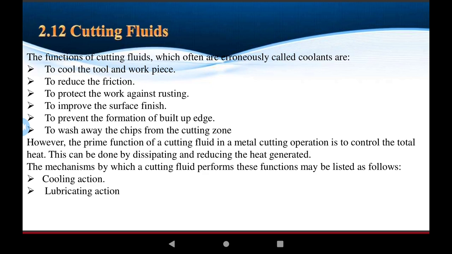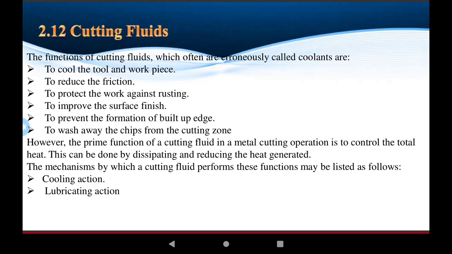The application of the cutting fluid provides cooling of both the tool and workpiece. The second function is to reduce the friction between the tool and the workpiece surface.